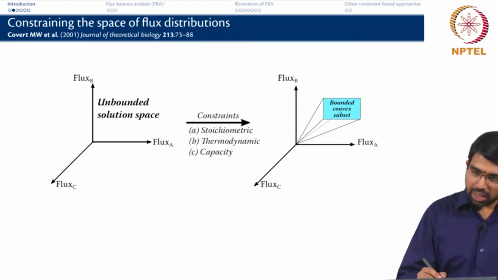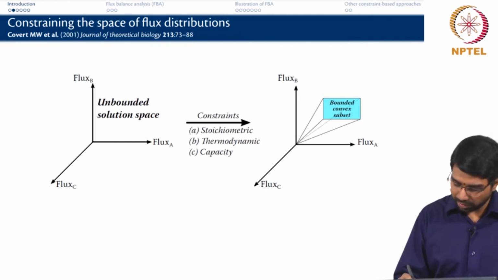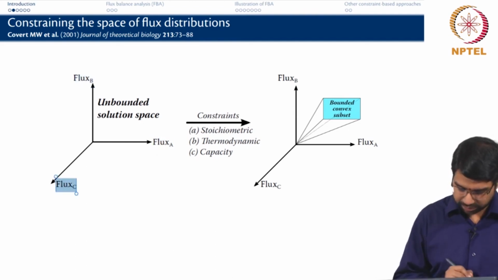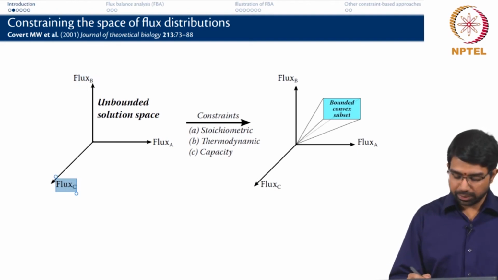So think of this as a flux space, right? It's a 3-dimensional space. So you have flux A, flux B and flux C, right. So just think of it as 3 reactions V1, V2, V3, right.